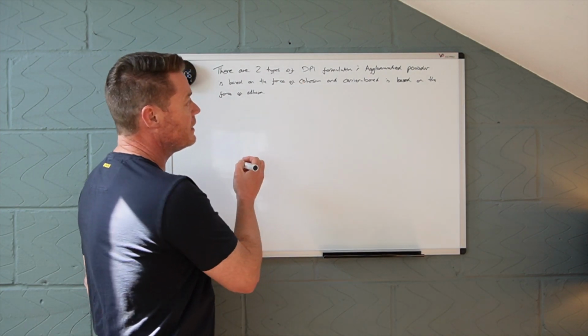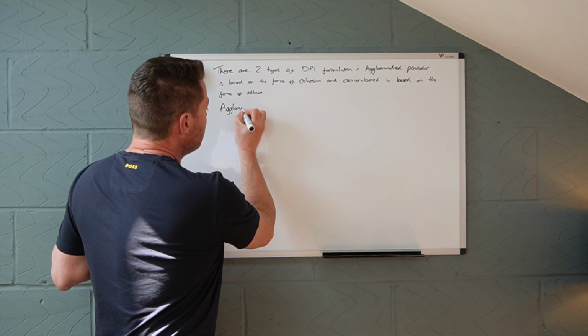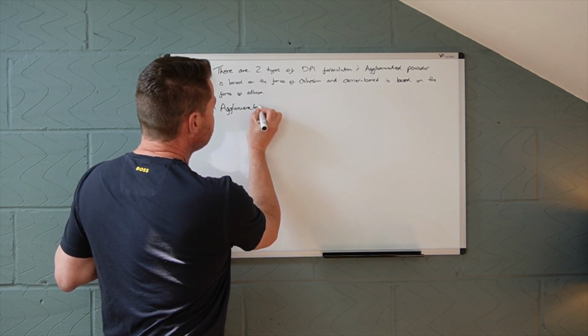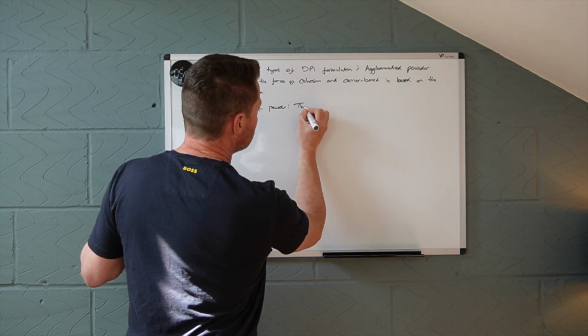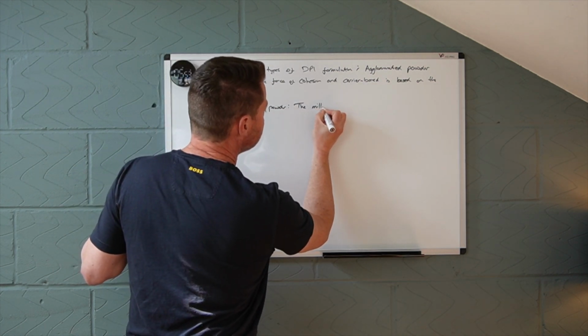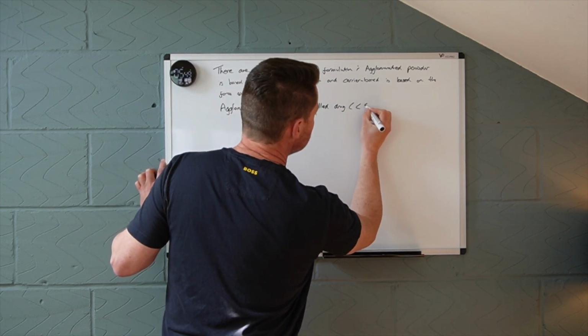So if we start with agglomerated powder, you could put that, couldn't you? Agglomerated powder, the milled drug, less than 5 micrometers.